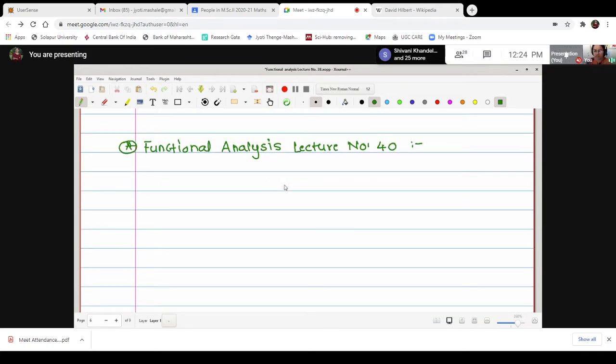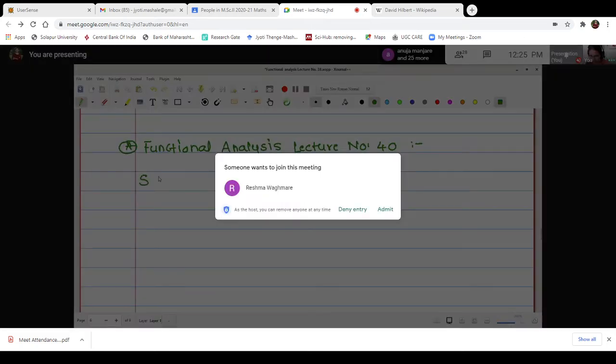Now in today's lecture, our first aim is to go with a famous inequality called the Schwarz Inequality. I will just write what the Schwarz Inequality is.